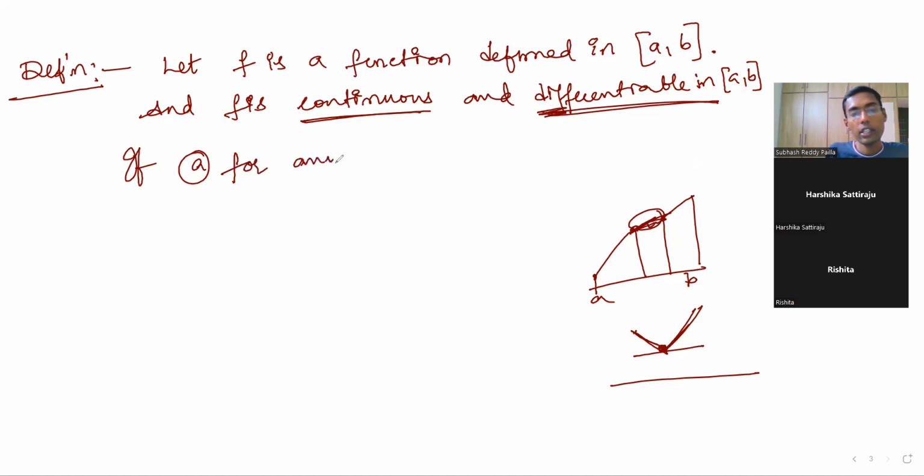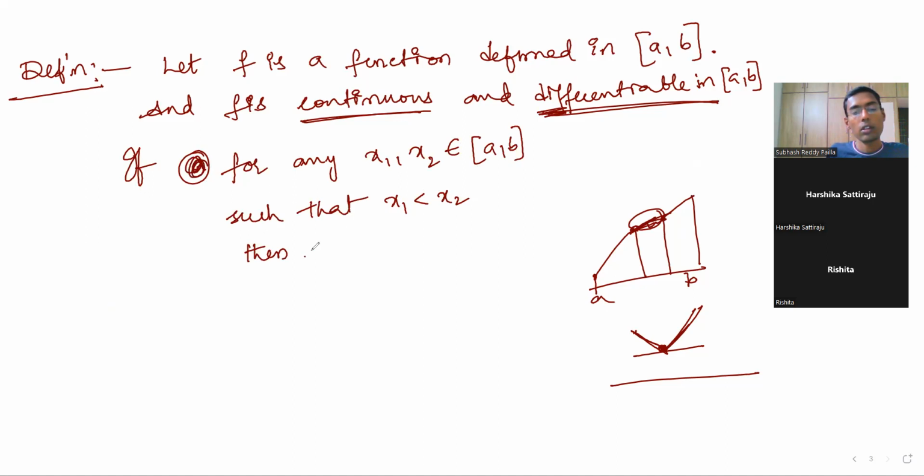Okay. Now, if for any x1, x2 belongs to (a, b) such that x1 is less than x2, then f of x1 is less than f of x2.